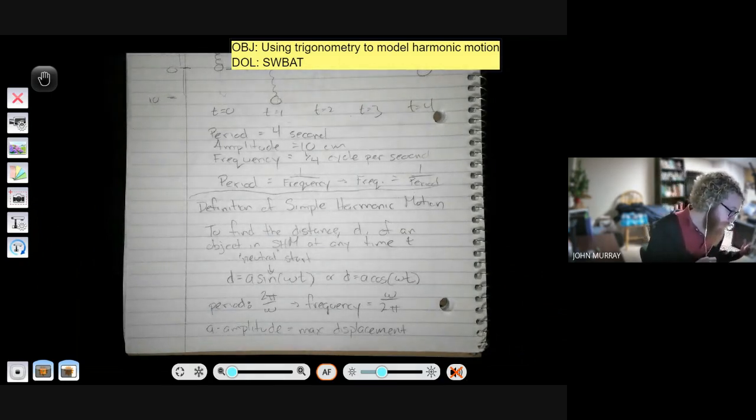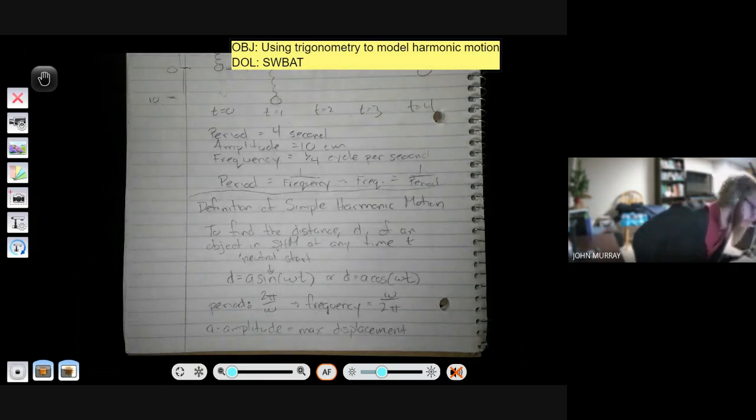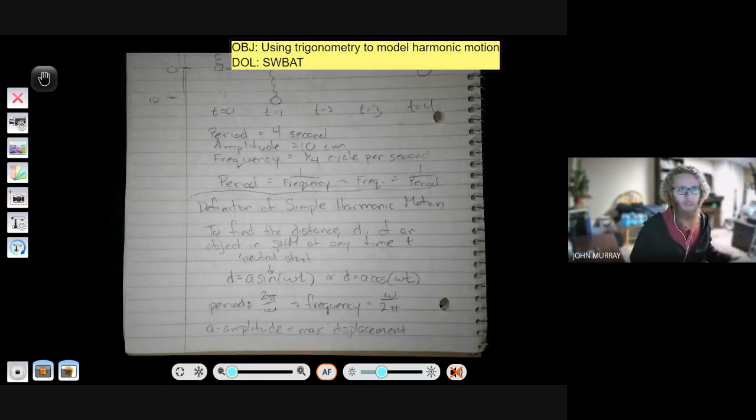Now, if you're in physics, you might have talked about particles in a wave.